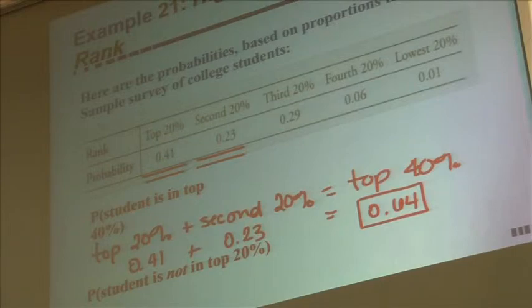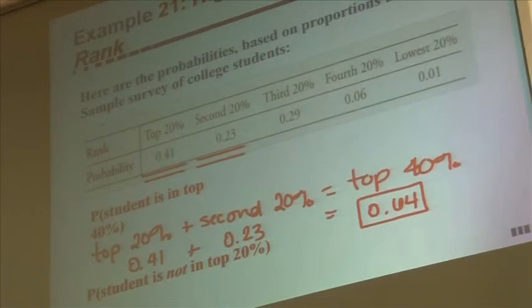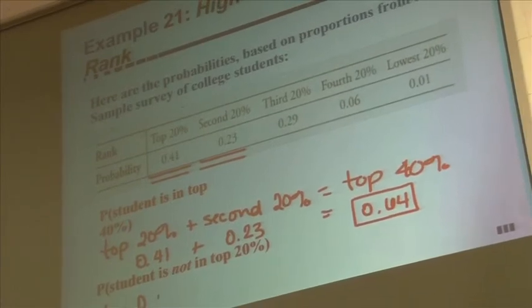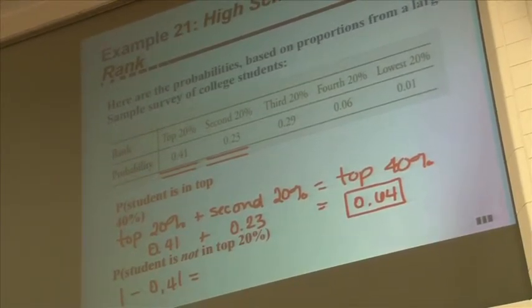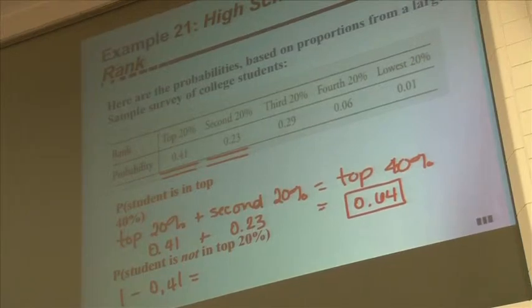We're cutting away the chunk that we don't need. We don't need the piece that's in the top 20%. So 1 minus 0.41 is equal to, is that 5.9 or 0.59?